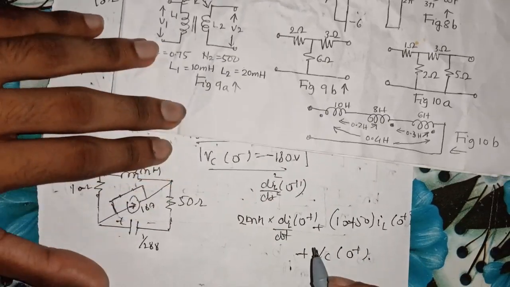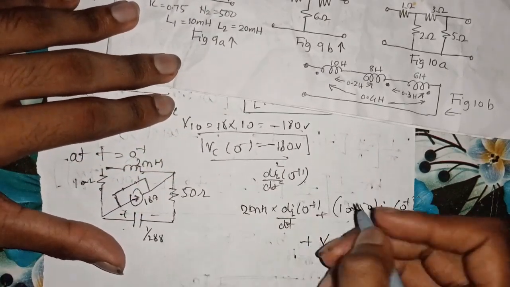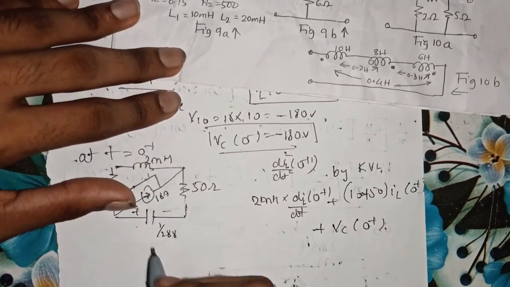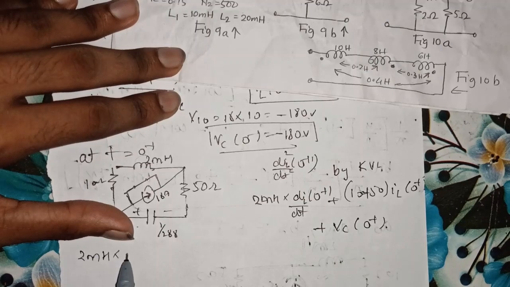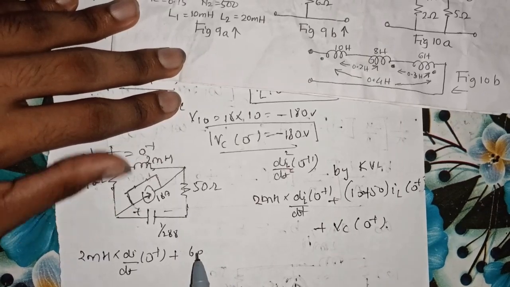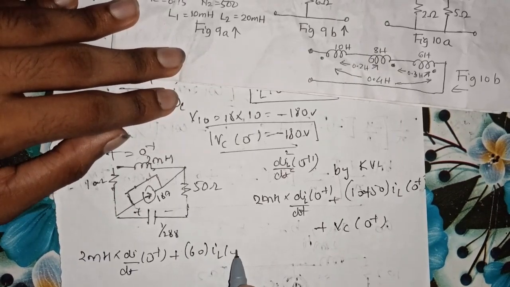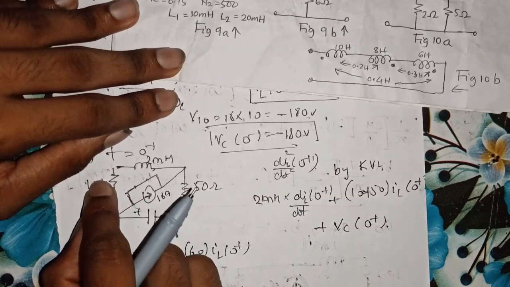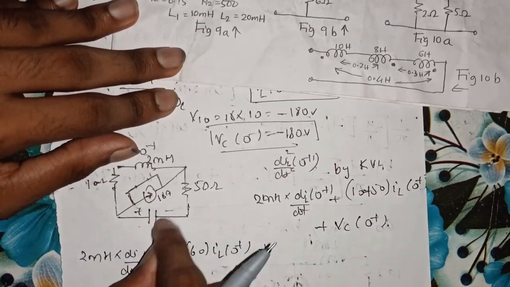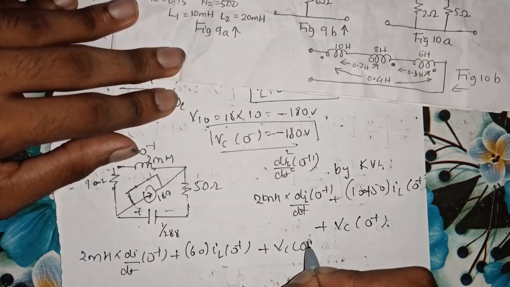We have found this equation by using KVL. So the equation is 2 millihenry multiplied by di by dt at 0 plus, plus 60 into IL of 0 plus, that is the voltage drop due to this 10 ohm and 50 ohm, plus the voltage drop across this capacitance, VC of 0 plus.